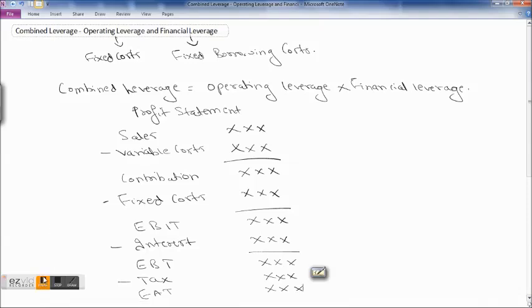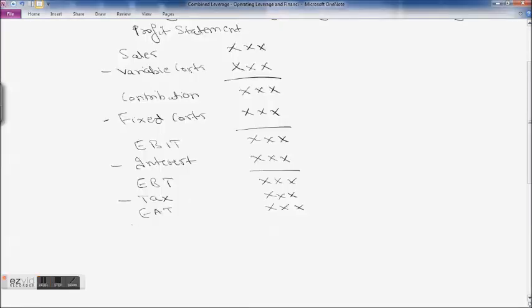Then when you divide this earning after tax by the number of shares, you get earning per share. Your operating leverage will tell you how efficiently you are using your fixed cost.